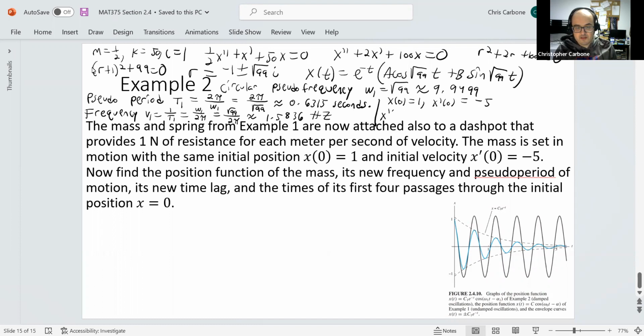But the derivative of that function is going to be x prime of t is equal to negative e to the negative t times a times the cosine of the square root of 99t plus b times the sine of the square root of 99t.